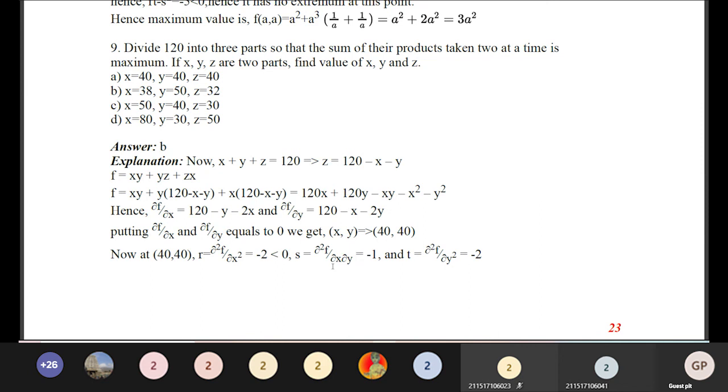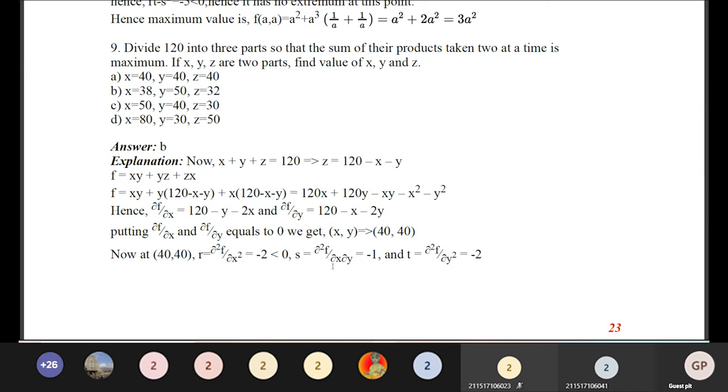So understand that f there. How to take the function? Sum of their products taken two at a time means xy plus yz plus zx. What is the condition? The sum is 120.